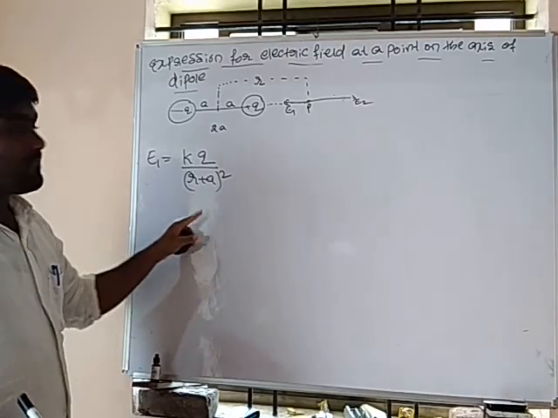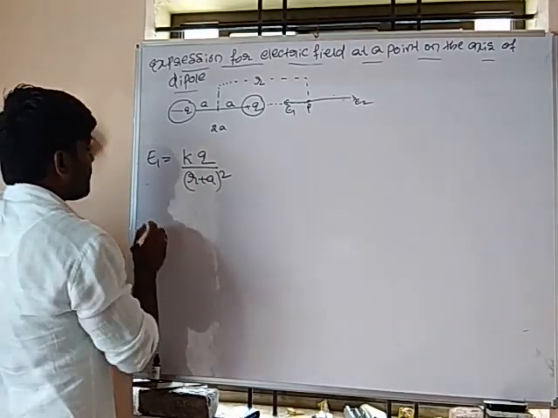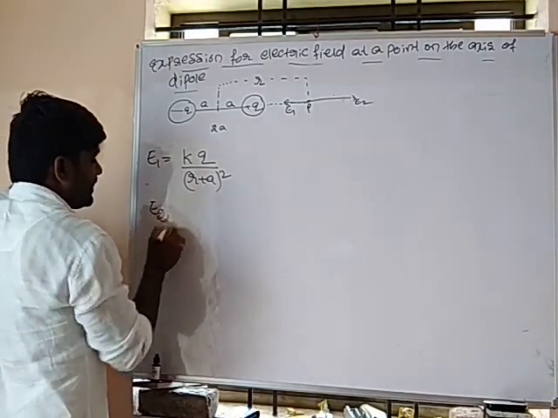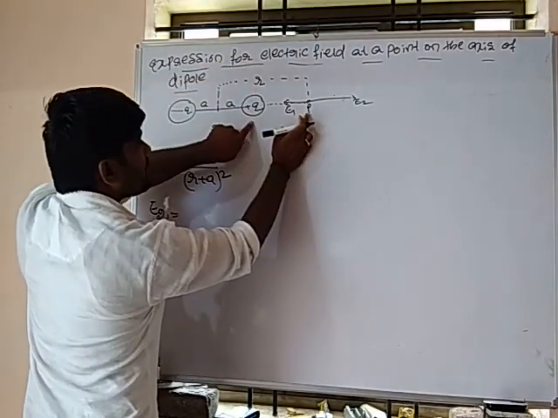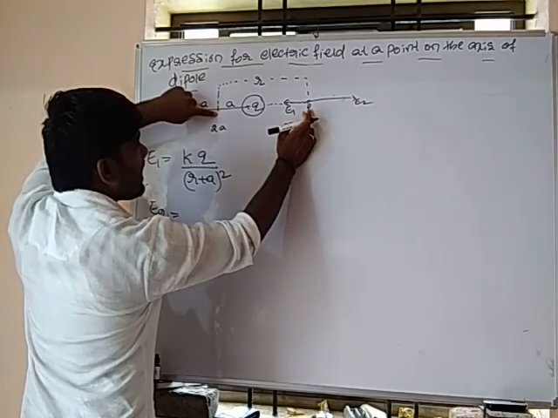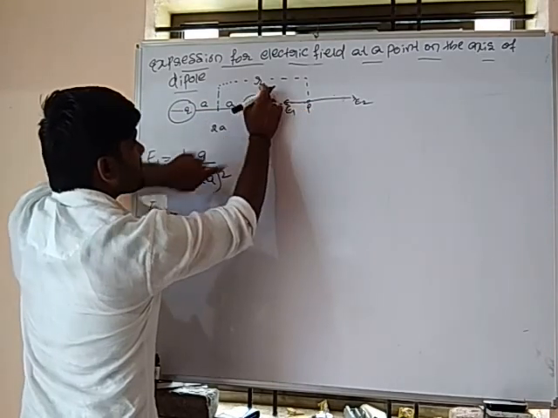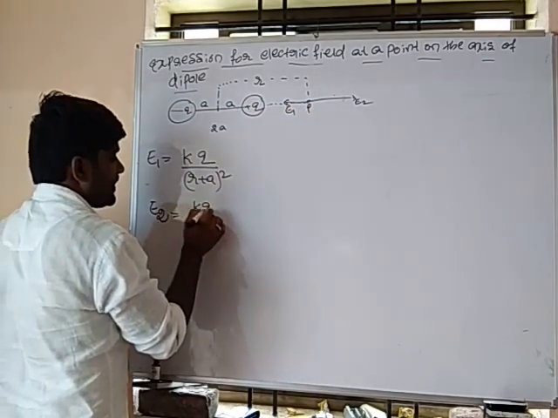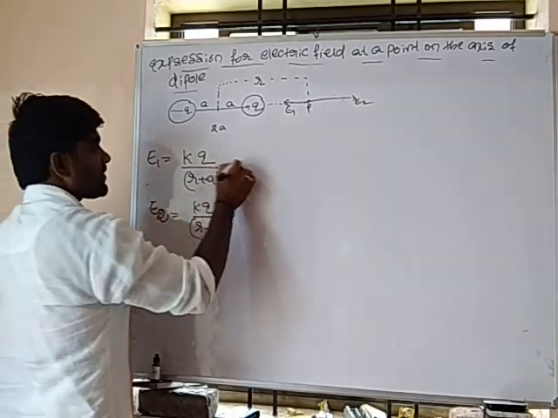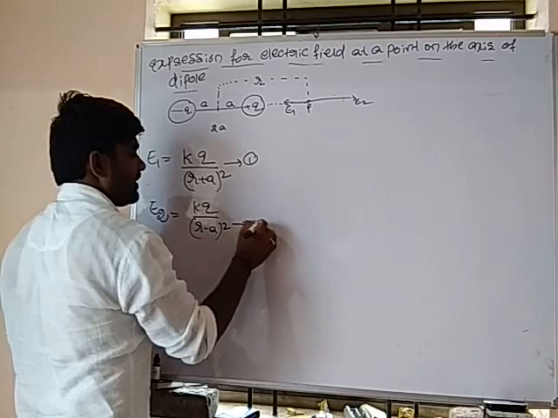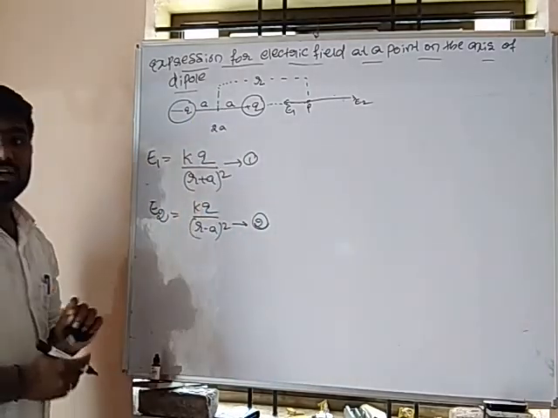So E1 is KQ by (R plus A) whole square, which I have calculated. Then E2 is equal to, for this point charge, from this point to this point the total distance is R. I want only this distance, R minus A. It will be KQ divided by (R minus A) whole square. Let us call this equation number 1. This will be equation number 2.